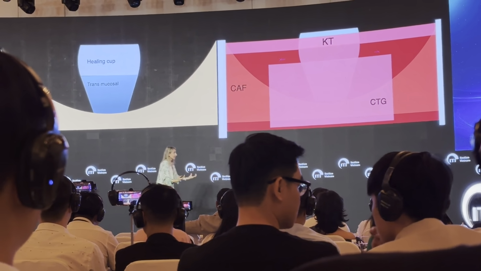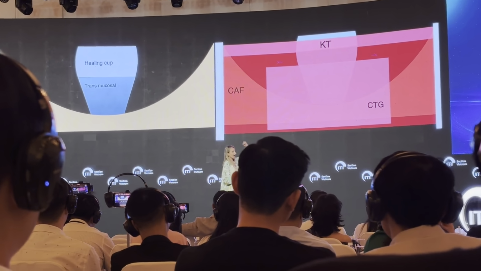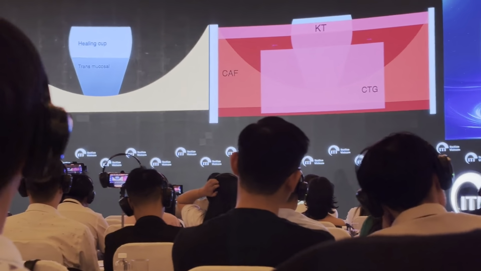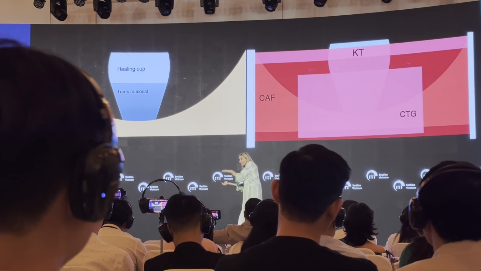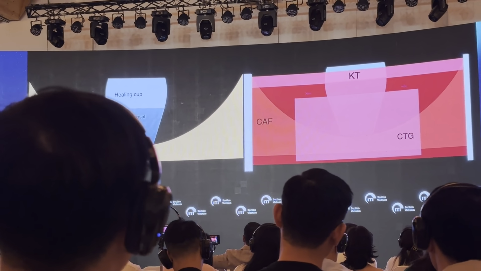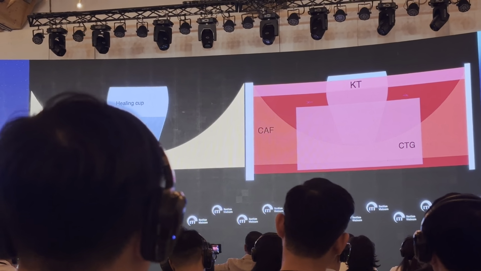And in case of minor buccal bone dehiscences, again, I can compensate for them by increasing a little bit the apical coronal dimension of the connective tissue graft to cover the buccal bone lesions.